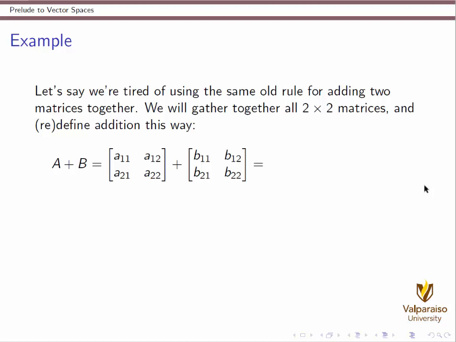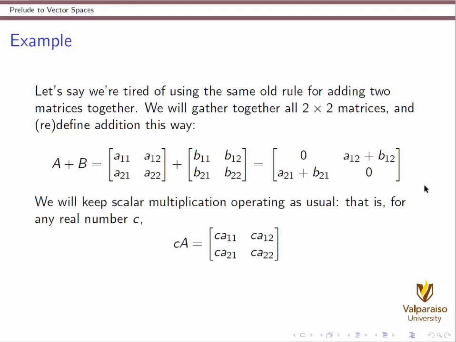We're going to say addition of 2x2 matrices is now going to mean this. The diagonal always becomes 0, no matter what the original entries were, but then we are going to add up the individual entries in the off-diagonal elements. Okay, there we go. We've redefined addition on 2x2 matrices. And we'll keep scalar multiplication the same because let's not do too much at once.